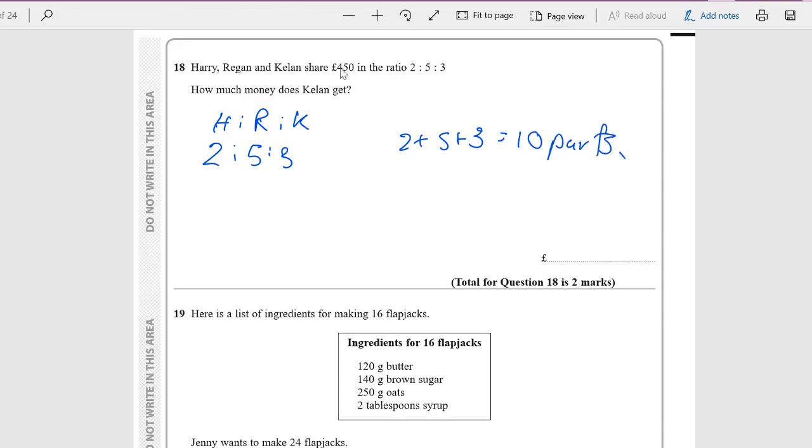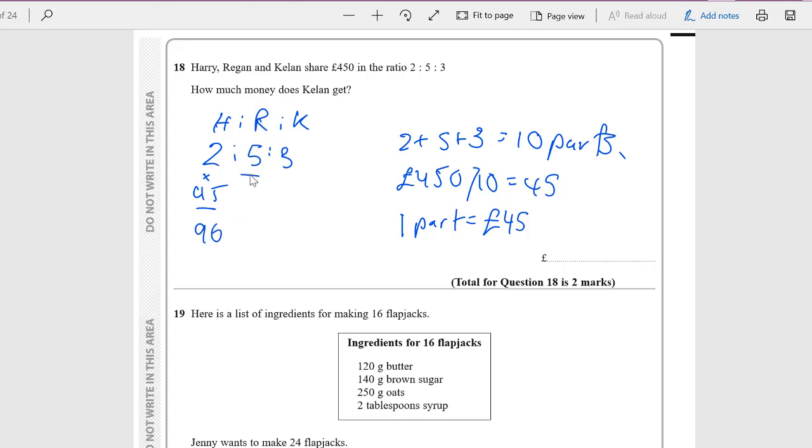Okay, so if we divide 450 by 10, you'll get 45. So 1 part equals 45. Harry gets 2 parts, so times that by 45, you get 90.